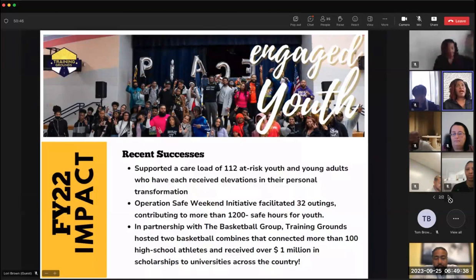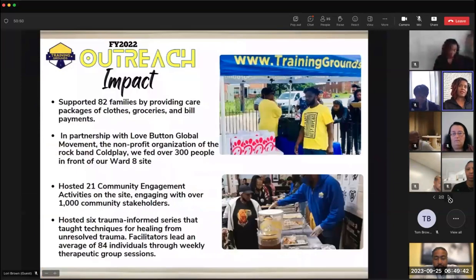On the outreach side, we've had some tremendous impacts. So we have supported 82 families by providing care packages of clothes, groceries, and bill payment assistance in partnership with Love Button Global Movement, which is a nonprofit organization of the rock band Coldplay.